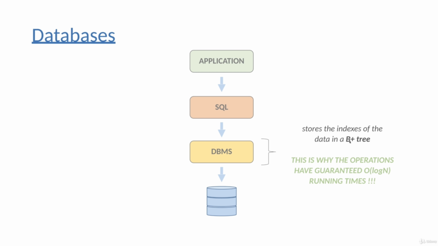If you are not interested in the data structures under the hood, then of course you can skip these lectures. These lectures are totally optional. But what's crucial is that the database management system stores the indices of the data in a B plus tree structure. And this is why the operations have guaranteed O(log n), logarithmic running time complexity. And this is why databases are quite fast.